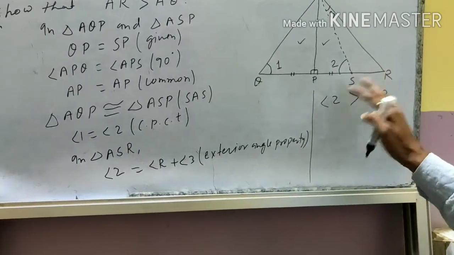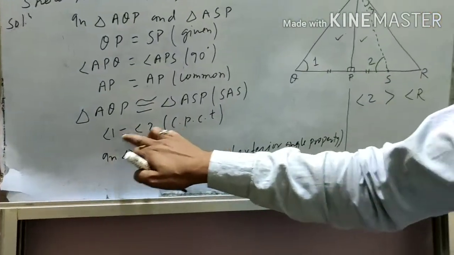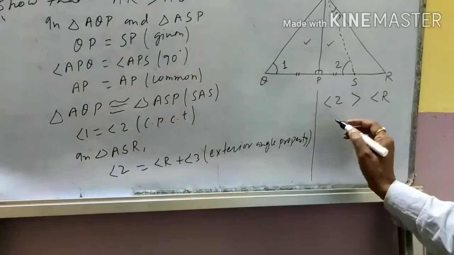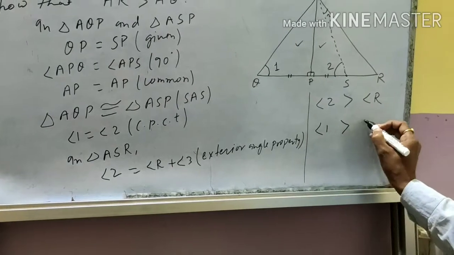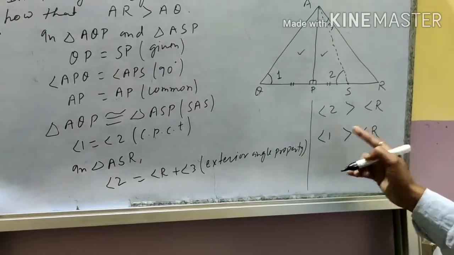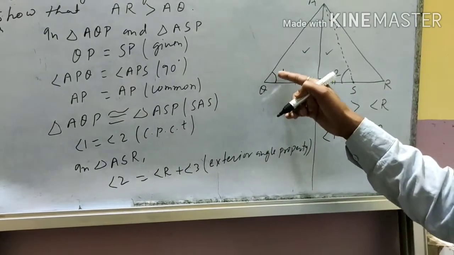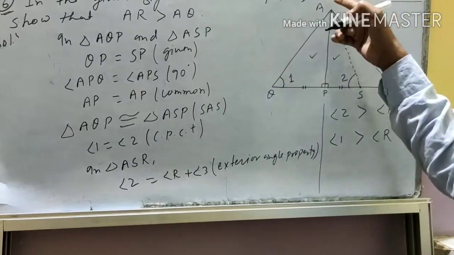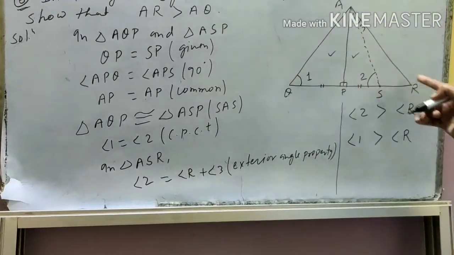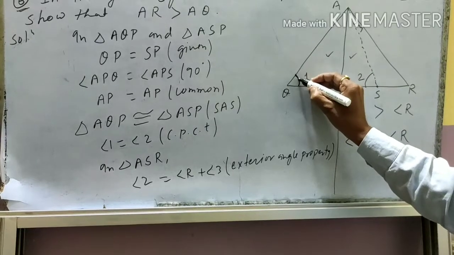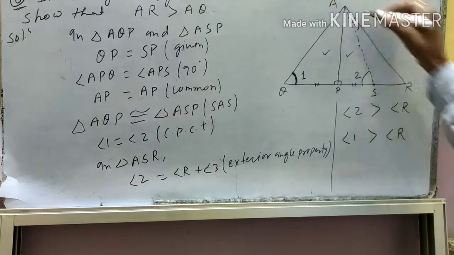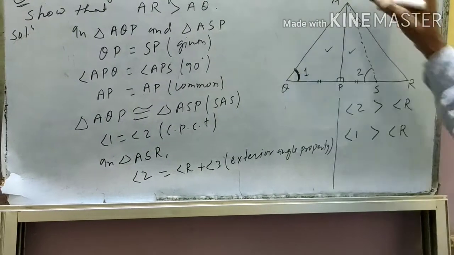That means we can say angle 1 is equal to angle 2. Look here, angle 1 is equal to angle 2, so in place of angle 2, we can write angle 1. So angle 1 is greater than angle R. In triangle AQR, the opposite side of angle 1 is AR.